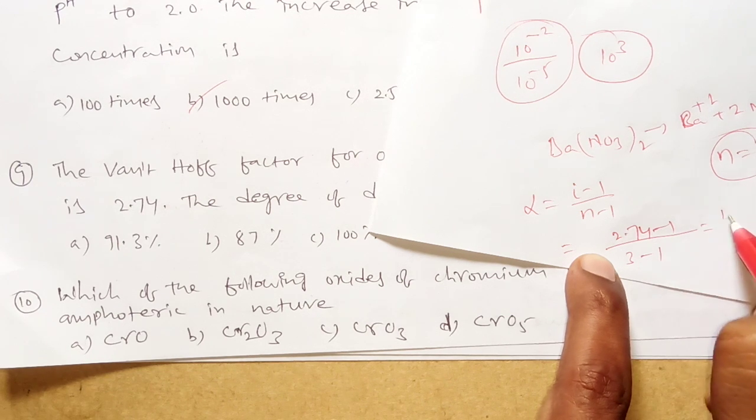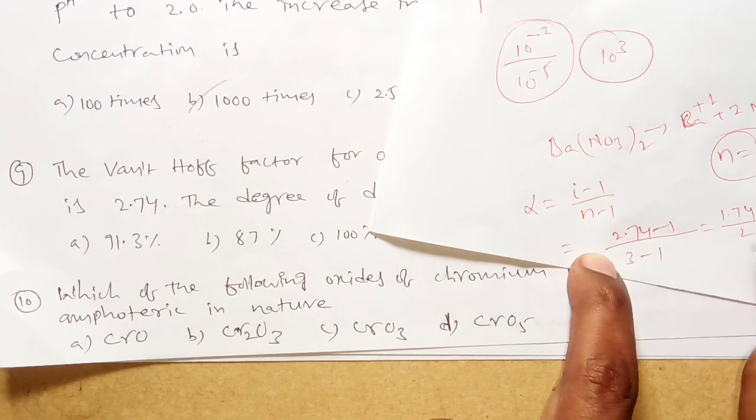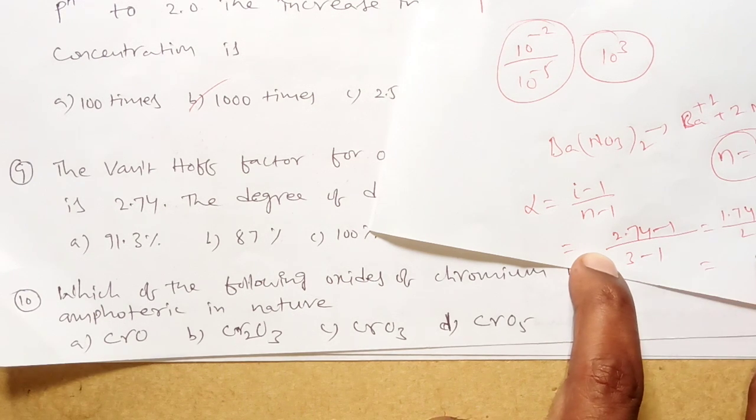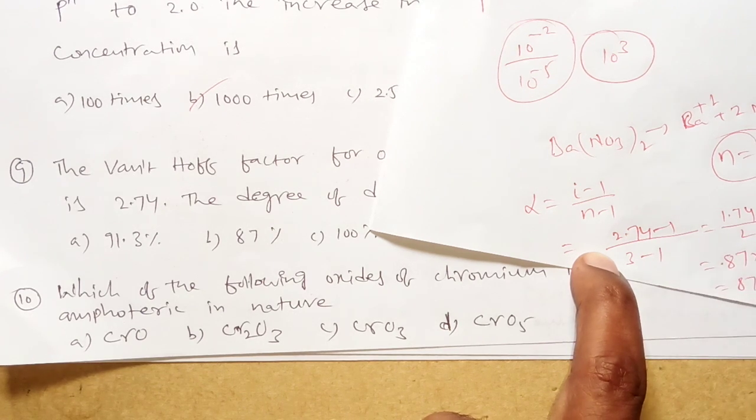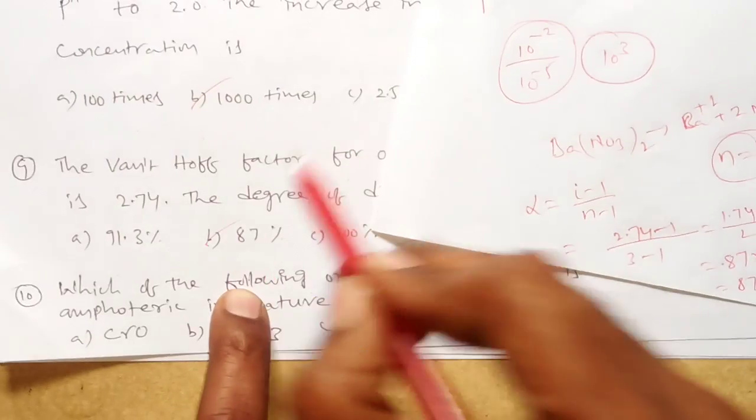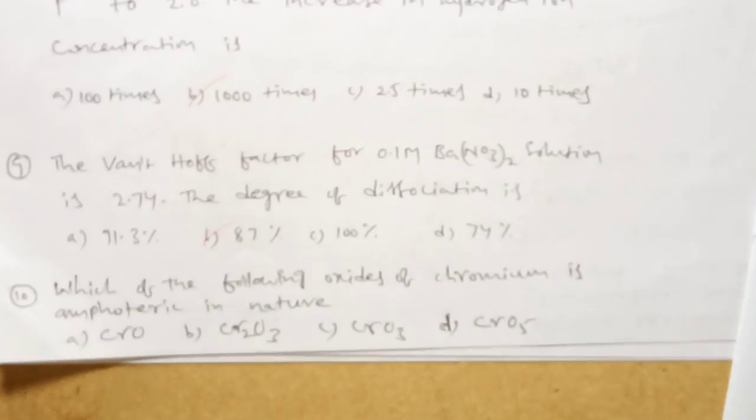What will you get here? 1.74 by 2 into 100. They are asking percentage. So 1.74, how many times will it cancel? 87 times. So 0.87 into 100, so you'll get 87%. Is it clear? So this is the correct option.